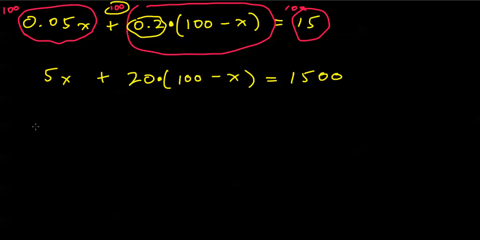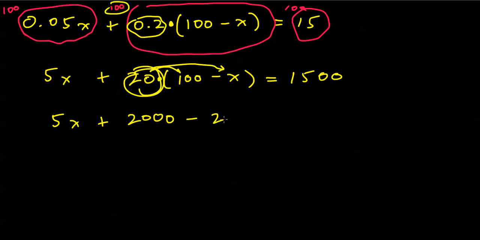Alright, I'm going to clean things up here. Expand the indicated products. 20 times 100 is 2,000, minus 20 times x is 20x, and that equals 1,500. Of course, now I'll combine like terms. 5x minus 20x is minus 15x on the left.